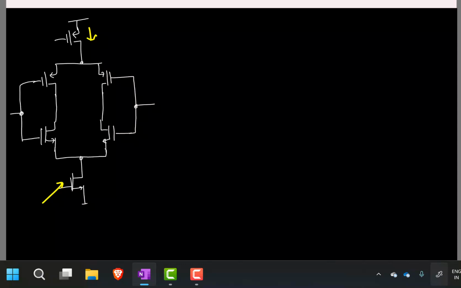Say it's a multi-stage amplifier. Even the last stage that is driving the load can be like this. Let's say this is the input. Usually we'll have the NMOS connected to the signal.